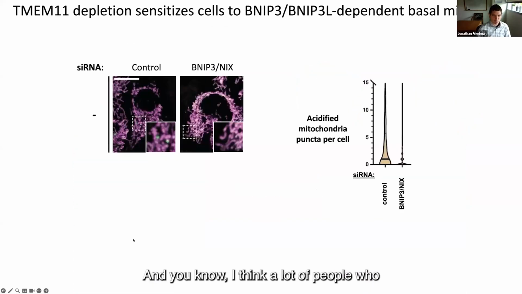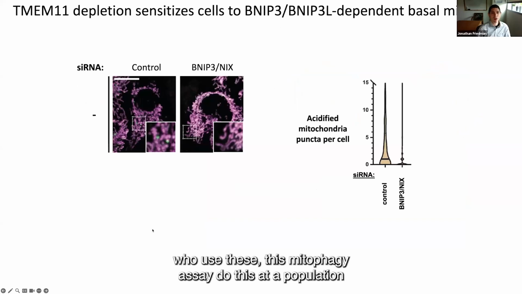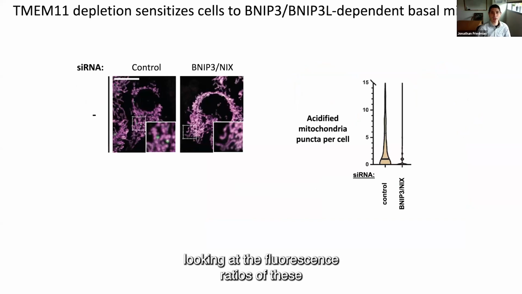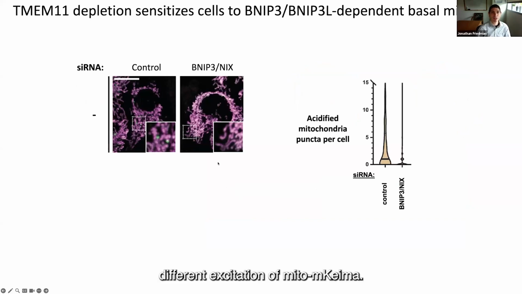And I think a lot of people who use this mitophagy assay do this at a population level, and they'll use a FACS-based system looking at the fluorescence ratios of these different excitations of mito-mCherry.